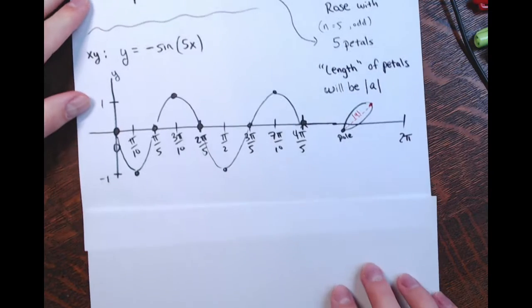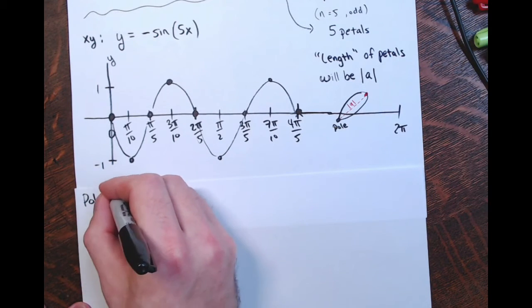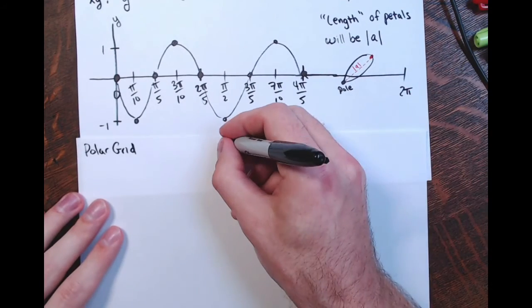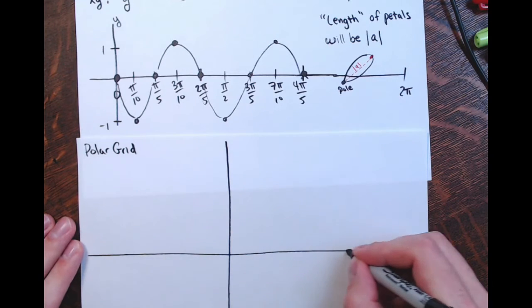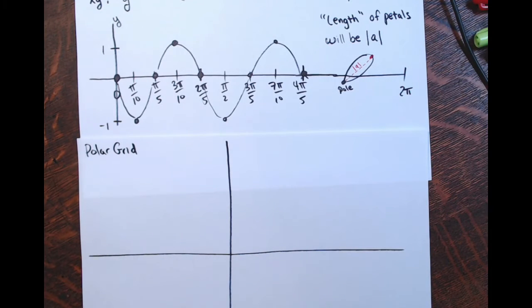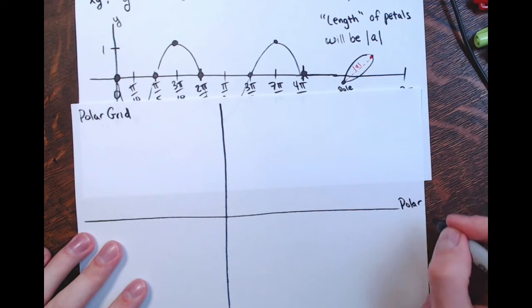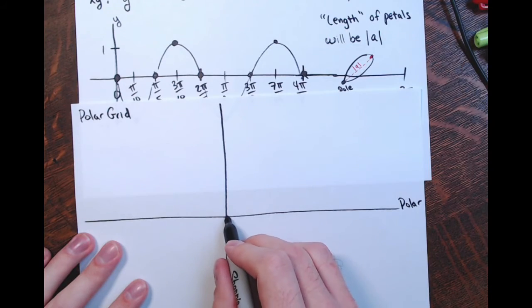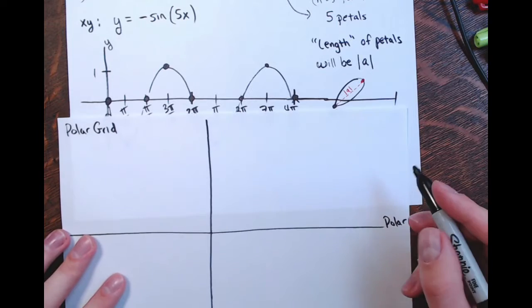All right, so now I'm going to go to my polar grid. I'm going to make my polar grid on this page. So remember how the polar grid looks. You have the vertical axis that really means nothing. It just divides the space into quadrants. Then the horizontal axis is the polar axis. And like I said, the largest any of these petals is going to be is 1 unit away from the origin.